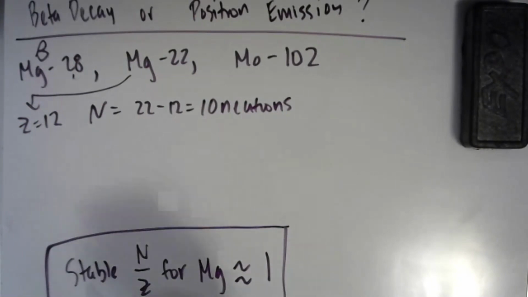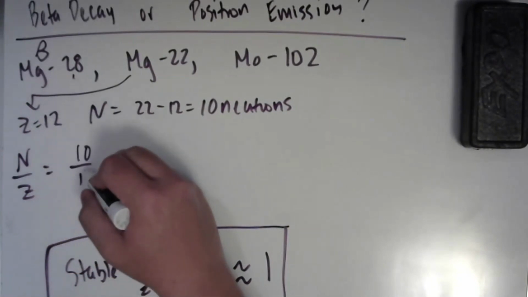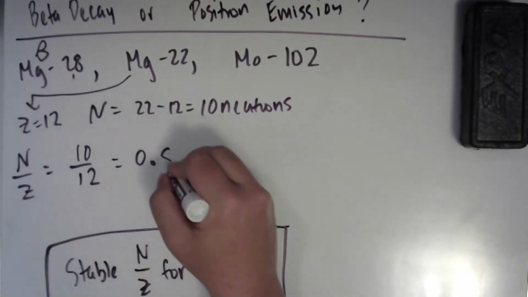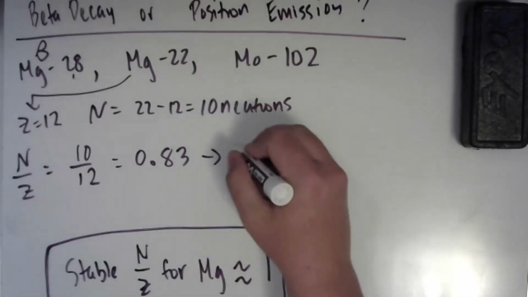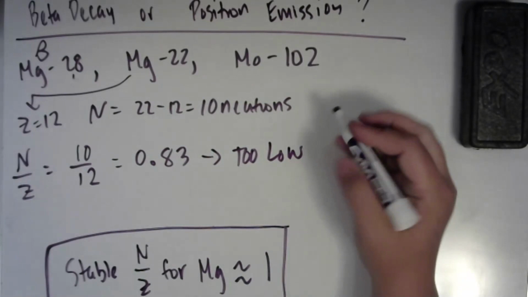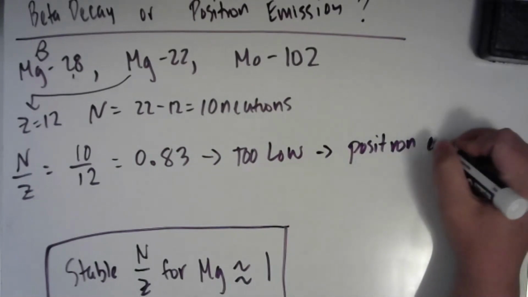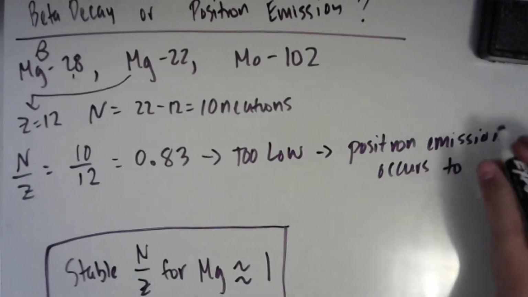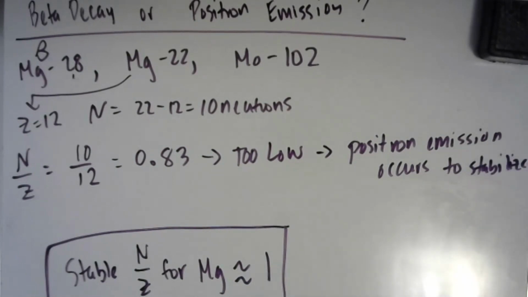So our N over Z value here is going to be 10 over 12, which is around 0.83. And 0.83 is too low. When the N to Z ratio is too low, positron emission is going to occur. That's what's going to occur to stabilize.